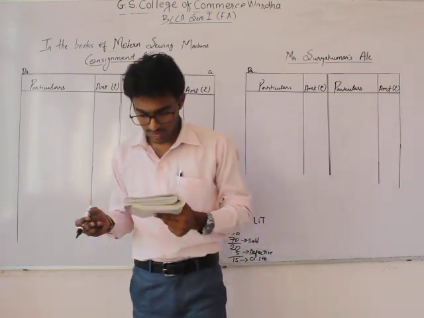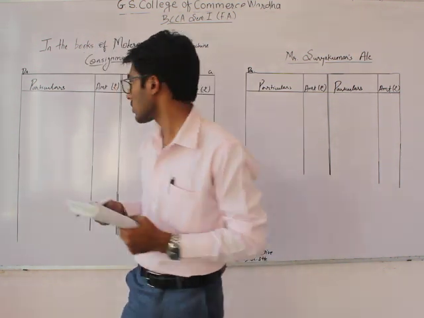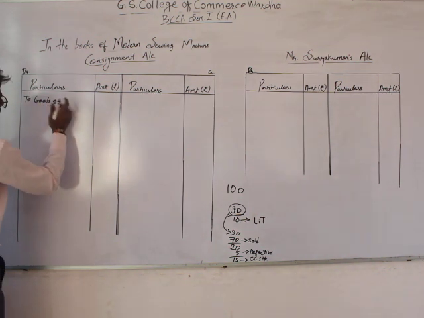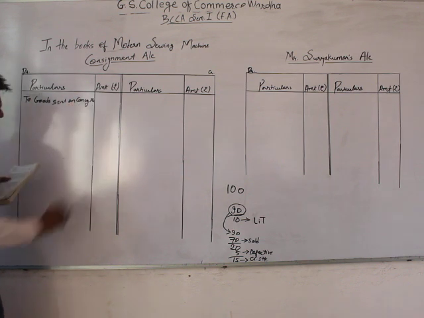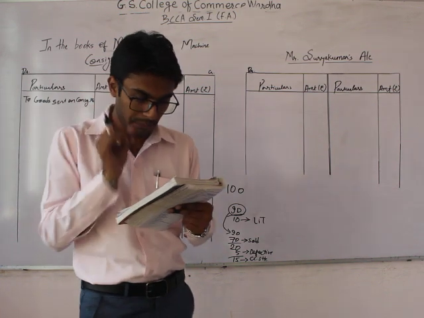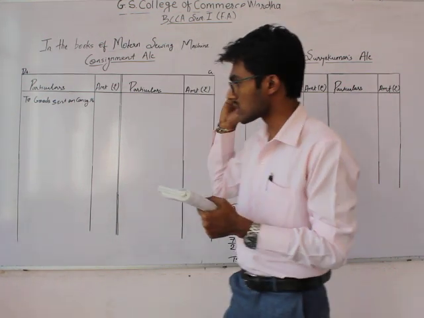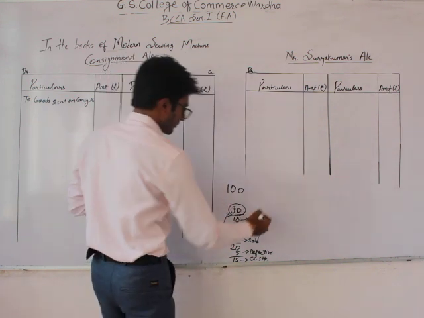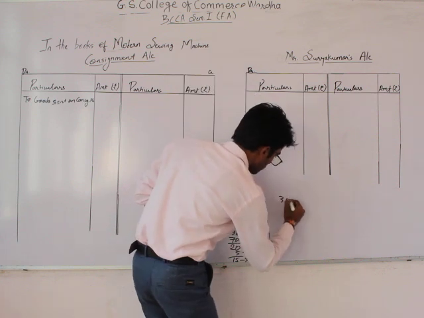So what can be the entry? Consignment account debit to goods sent on consignment account. So we have to write here, to goods sent on consignment account. And what can be the amount? 300 each. We send these sewing machines at rupees 300, which is my cost price.